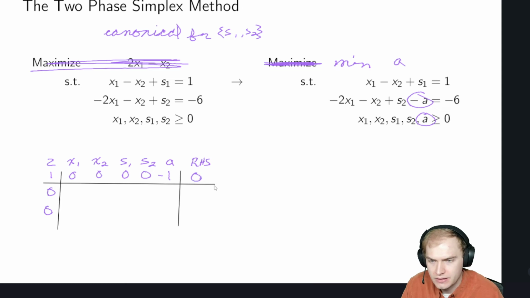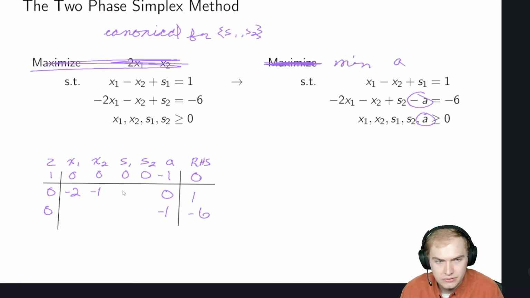And our right-hand side, currently A is non-basic, right, because it has a -1 down here. So our objective function is 0. And we have all of the rest of the things.